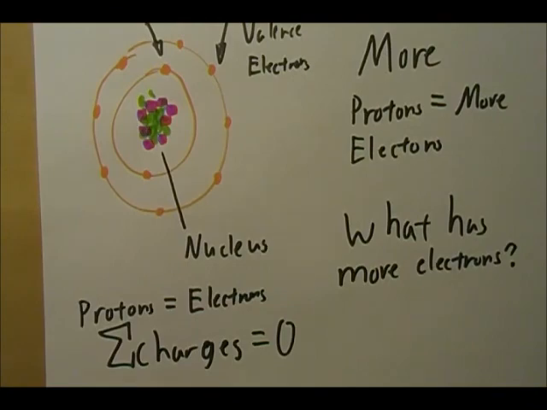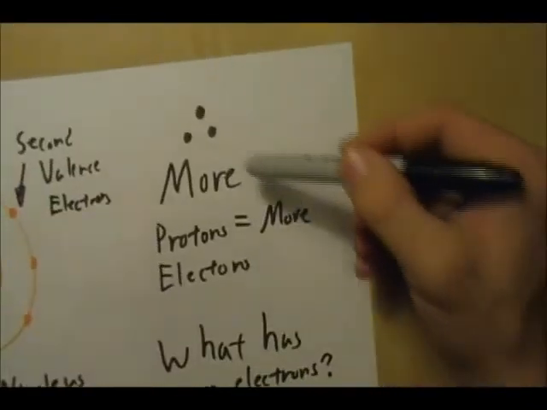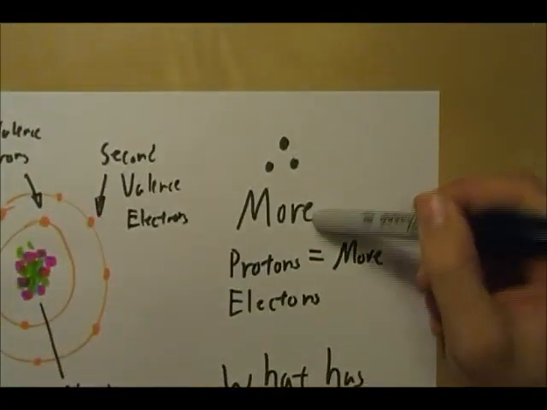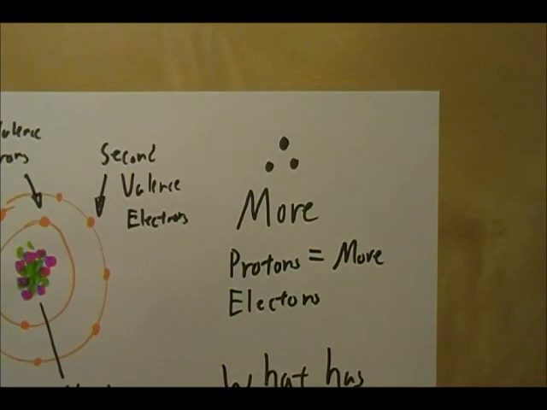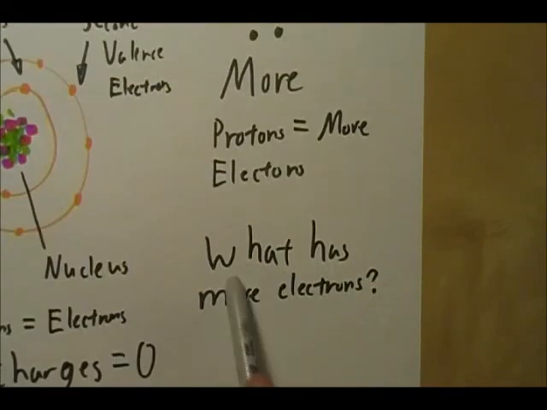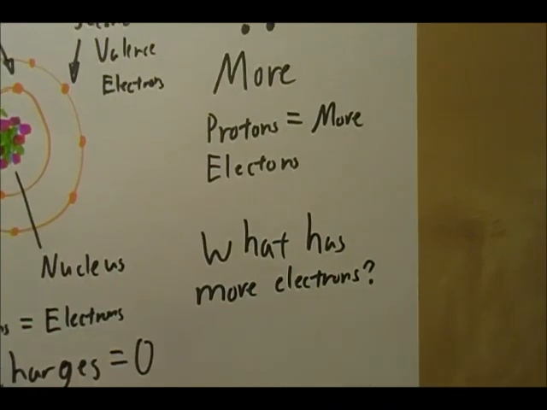But the important thing to know for this is that because the number of protons equals electrons, the more protons, the more electrons. Now, what has the most electrons out of pretty much any object?